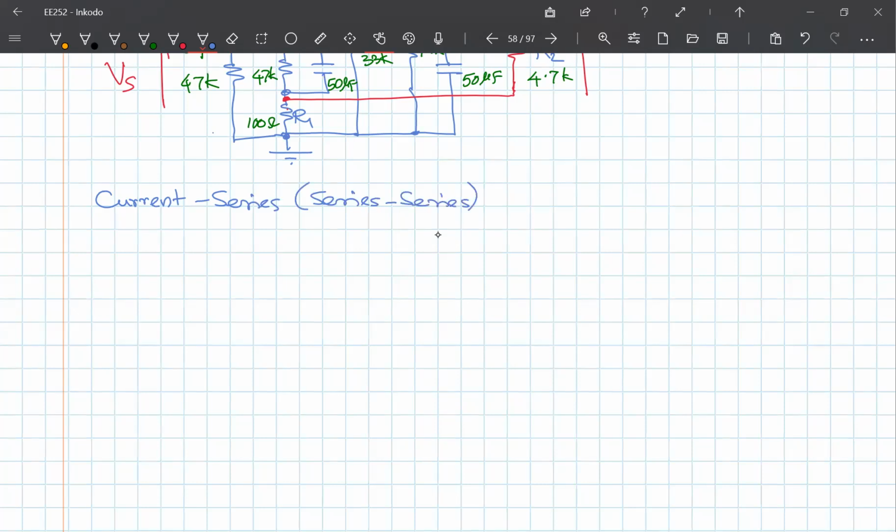So the output is a current. Input is a voltage. Okay. So an example would be an emitter follower. Just like what you had in the example, you have an emitter follower.